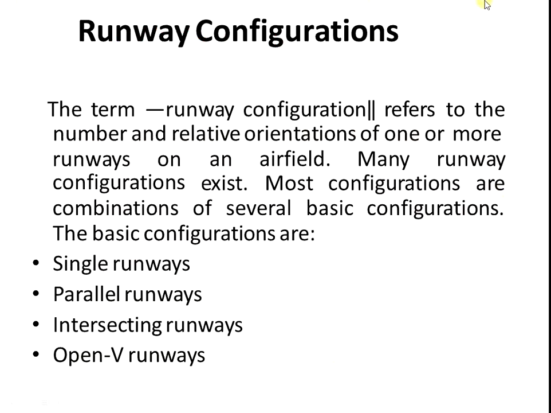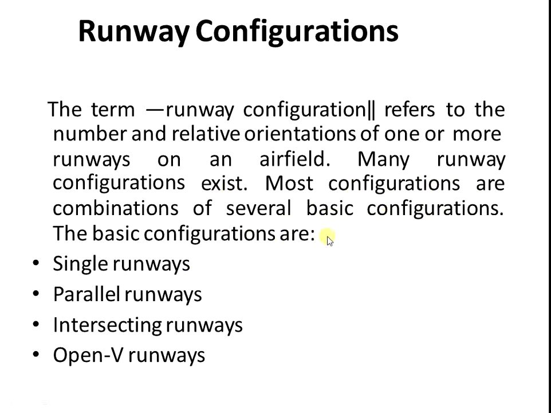Next, runway configuration. The term runway configuration refers to the number and relative orientations of one or more runways on an airfield. It is nothing but the number of runways, either one or more, that we construct on the airfield. Many runway configurations exist. Most configurations are combinations of several basic configurations.